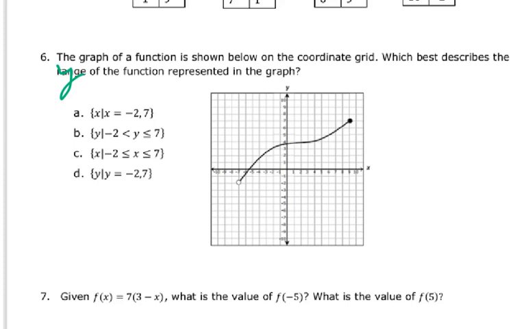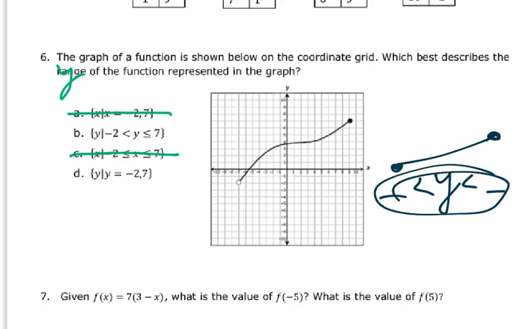If range is Y, then it can't be A, and it can't be C. So what we talked about a lot this week is that if we have a continuous graph, meaning it continues from one ordered pair to the other, we have to write the domain and range using set builder notation. So in this notation, it has to look like this if we had a line between our two endpoints, which means that D does not look like that.